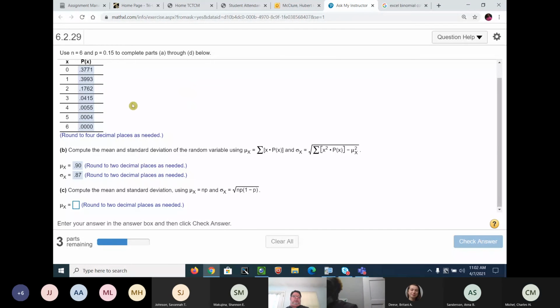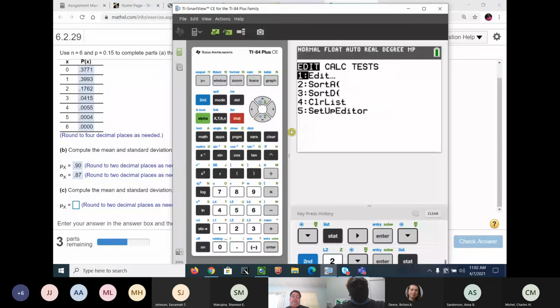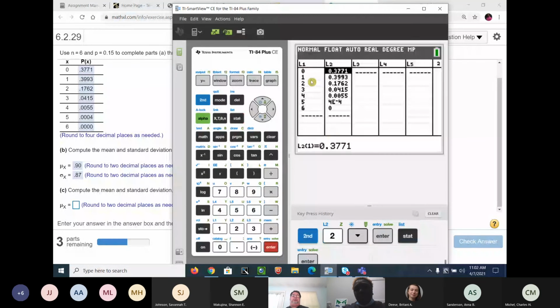Well, okay, let's go through it again. First of all, go into your stat, edit. Do these two columns say L1 and L2? Yes, sir.